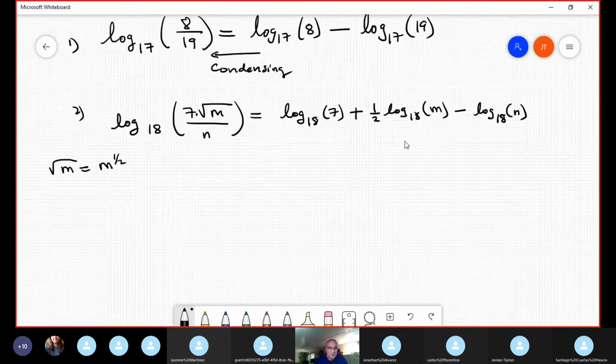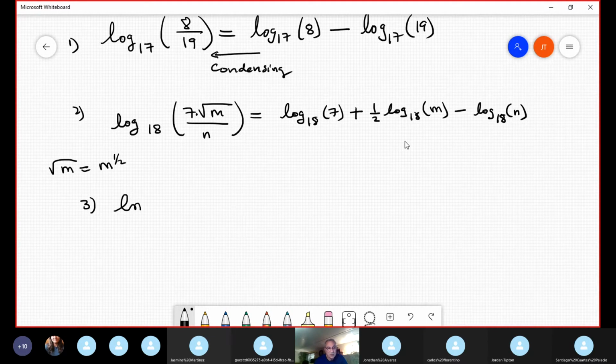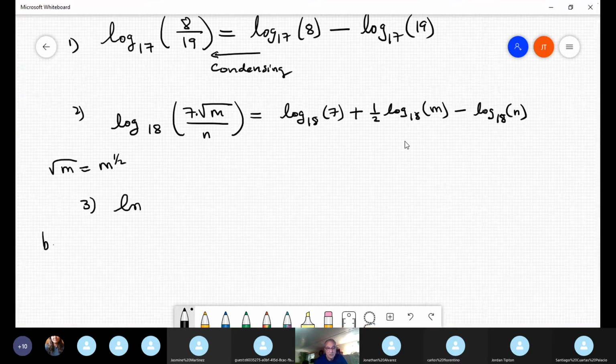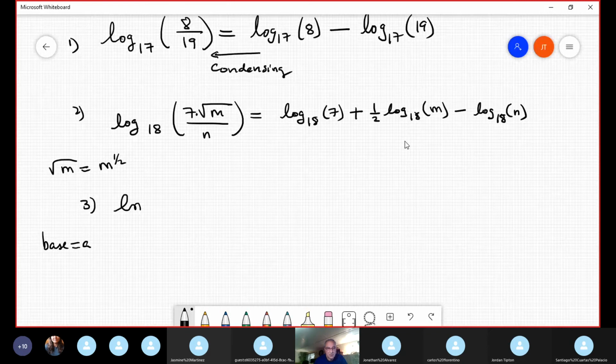Suppose one more, complicated and long. Suppose we have number 3: ln. Immediately, when you see ln in an example, you say, well, I understand it's natural. The logarithm base is e. It's natural. I don't care, but I know.